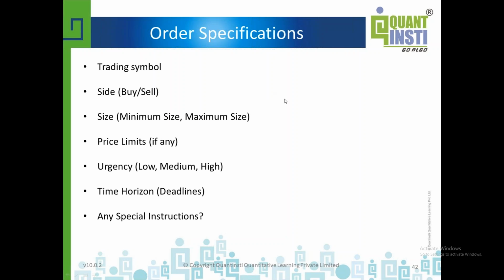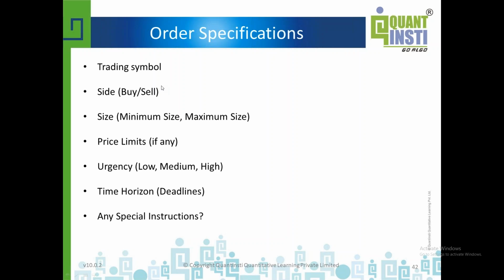All right. So order specifications. You obviously know for an order, you should know what to buy, the trading symbol, the side, buy or sell, the size, and the price. There are two more points, urgency and time horizon. Time horizon, you obviously know: if I want to sell 20,000 shares, or buy 10,000 shares, do I want to do it today, in a week, in a month, and whatnot.